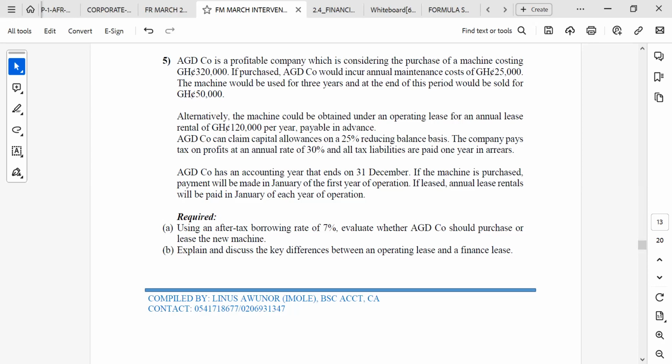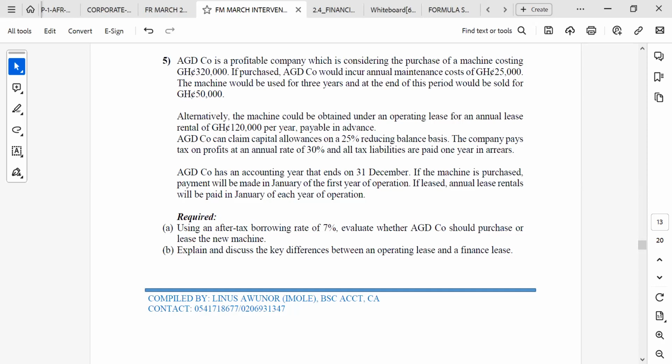Okay, question 5. AGD company is a profitable company which is considering the purchase of a machine costing 320,000 Ghana cedis. If purchased, AGD Co would incur annual maintenance cost of 25,000 Ghana cedis.